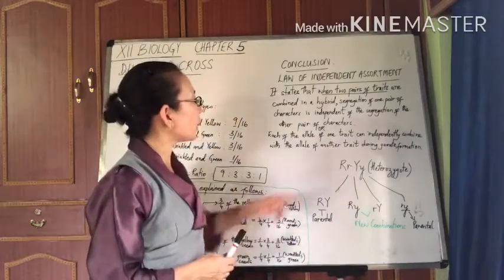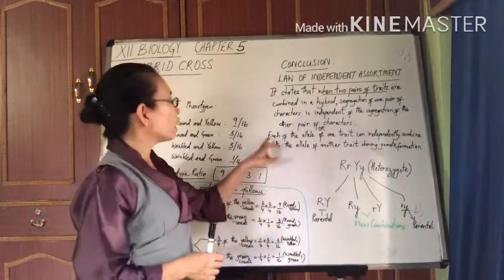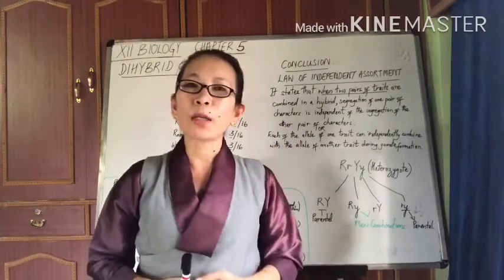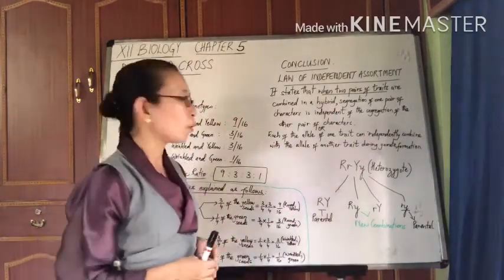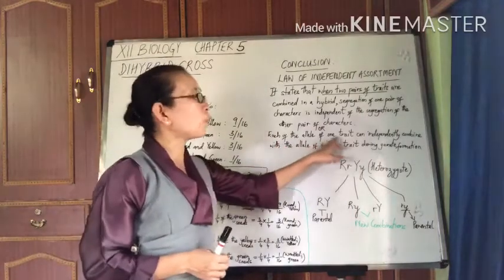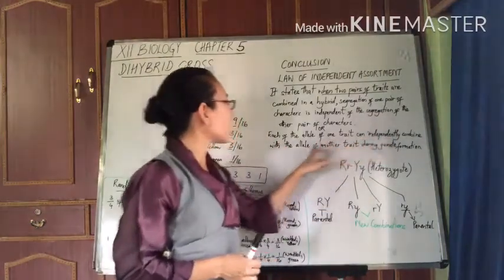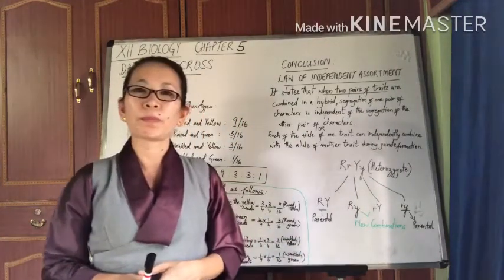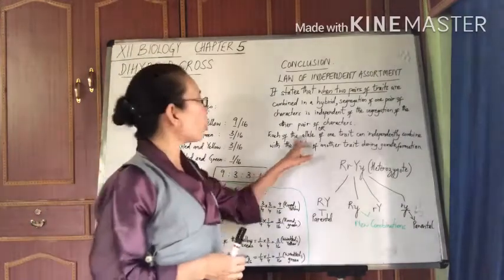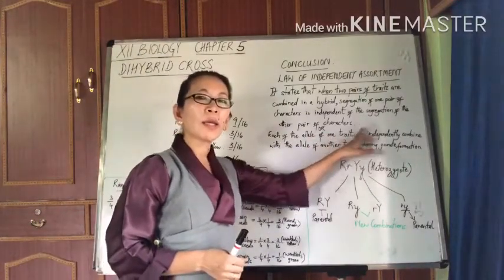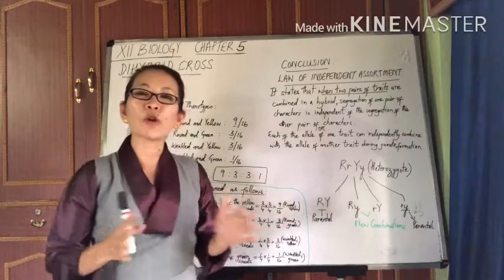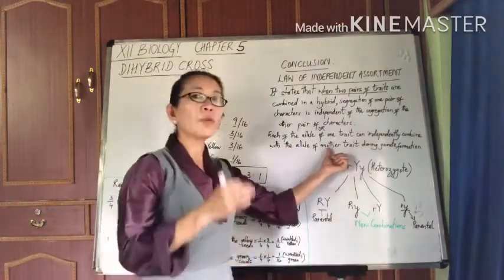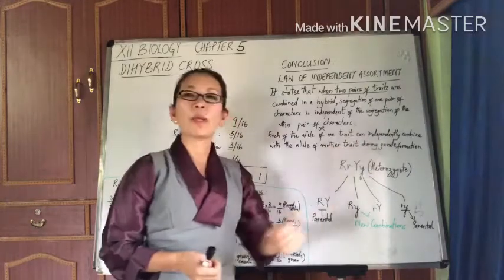Or this can also be stated as: when we have two pairs of traits existing in a heterozygote, then each allele of one trait can independently combine, assort means to combine, with the allele of another trait during gamete formation.